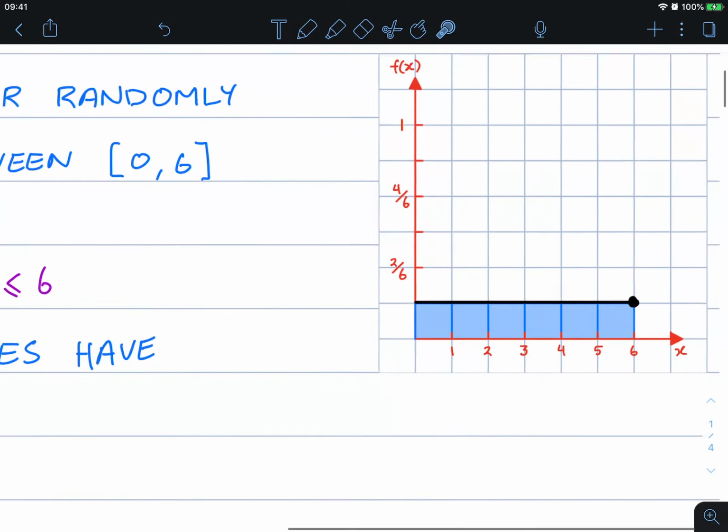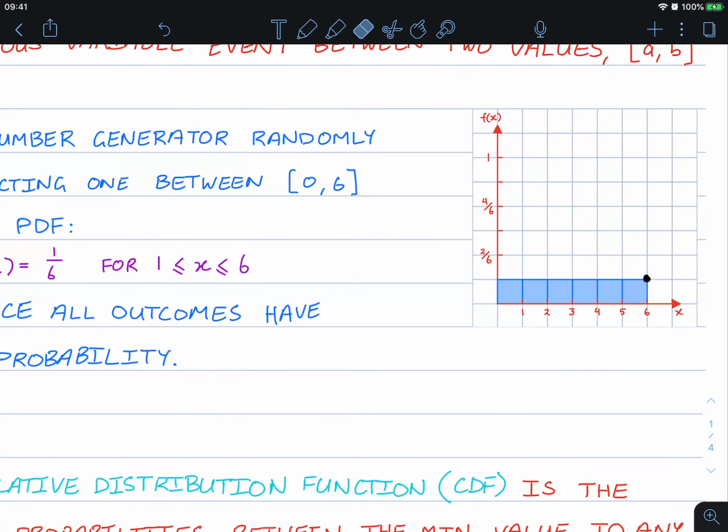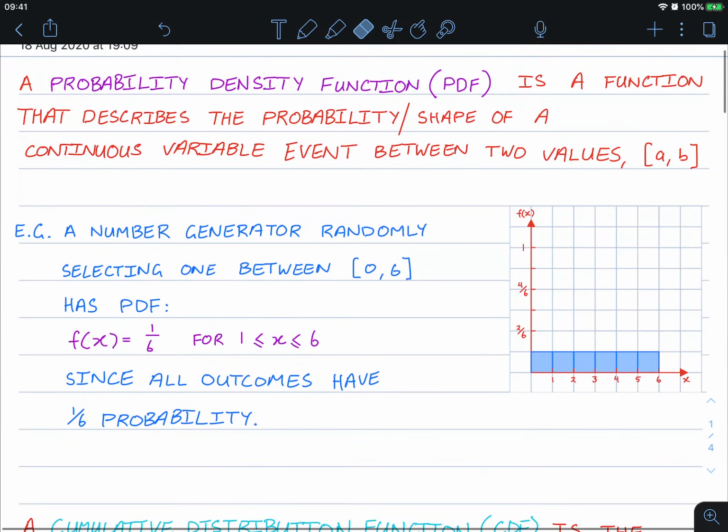So this random number generator might pick, for example, 2.3. It might pick the number pi in actual fact. Okay, so that is what a probability density function is. It is a function that represents a probability given a range.